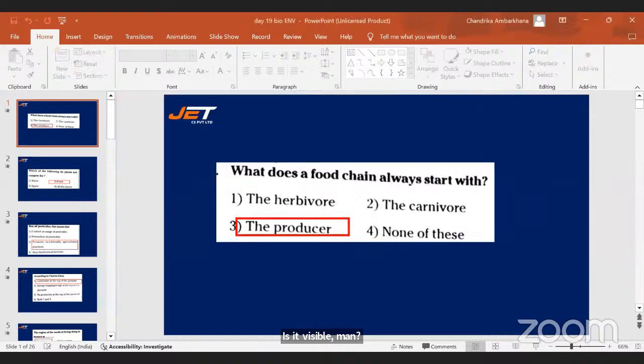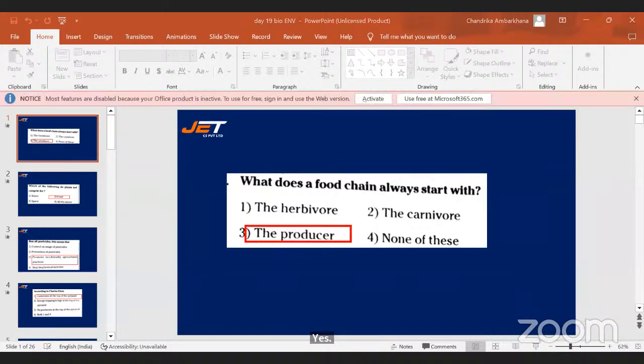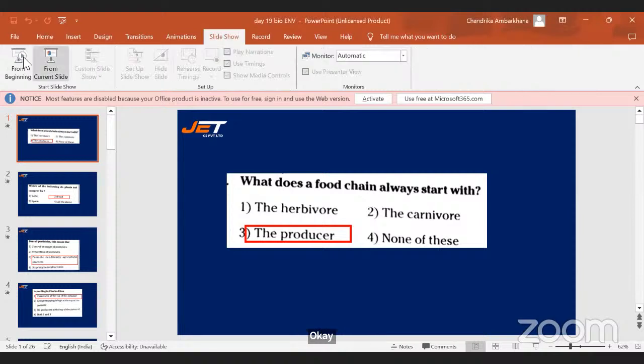Yes. You can unmute yourself, ma'am. Please don't mute, ma'am. Is it visible? Yes, it is visible. You just go for slide share, ma'am. Actually, I need to discuss the topic. Okay, we'll go with this, ma'am. No issues.